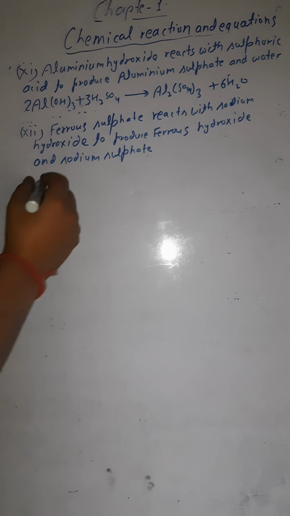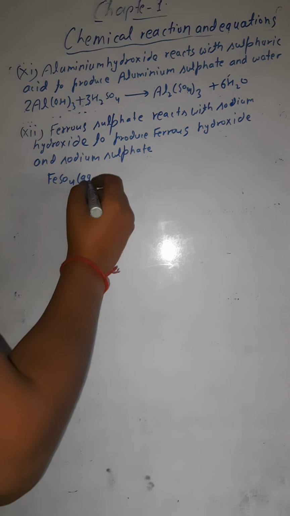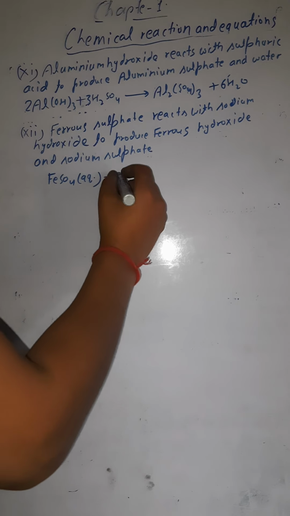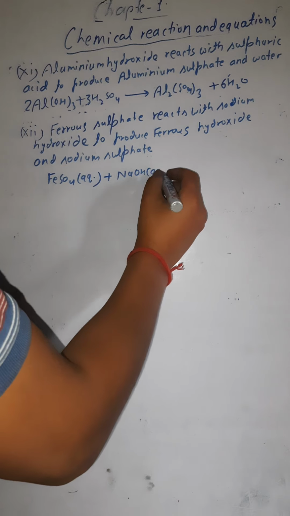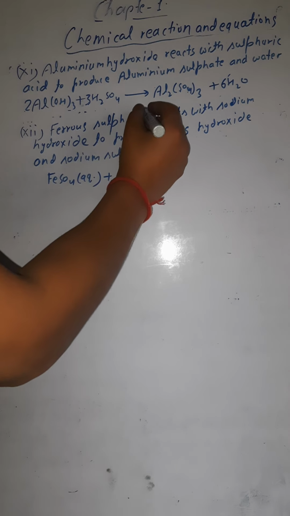Now if you could see, ferrous sulfate, that is FeSO4, state is aqueous state, plus sodium hydroxide, that is NaOH, again aqueous state. What does it give? The question says the ferrous sulfate solution, aqueous state, so you can write solution here also.